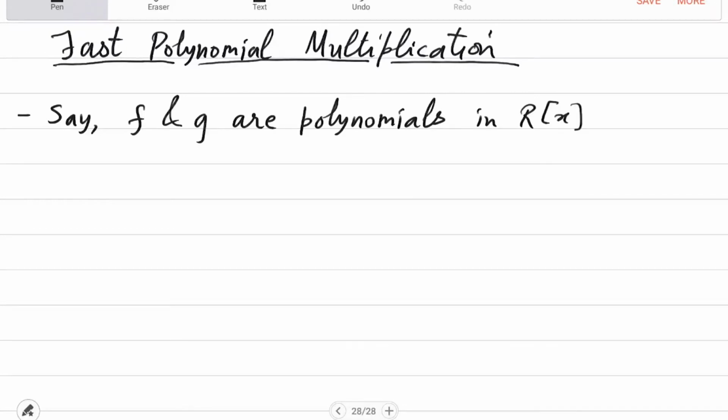So they are polynomials in one variable x, R is some base ring, and their degrees are, let's say, less than or equal to L. So we are given f and g in the input, and we want to compute f times g as fast as possible. Already you know how to compute it in L squared operations, but now you want something closer to L.